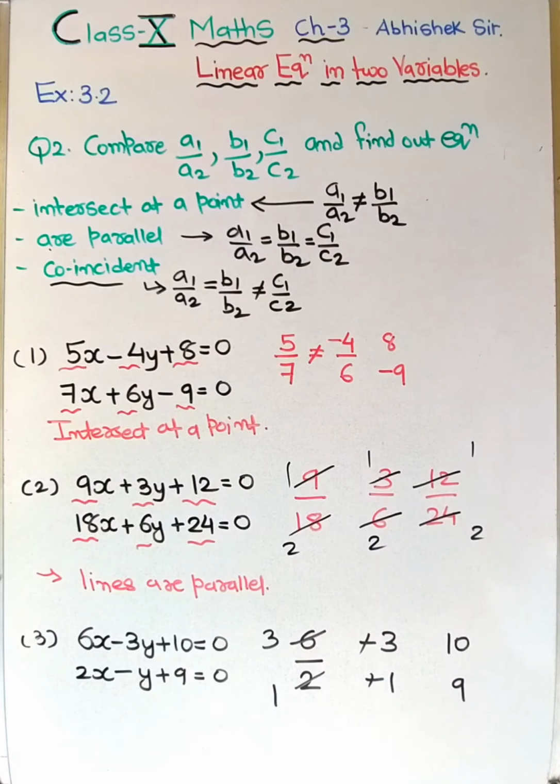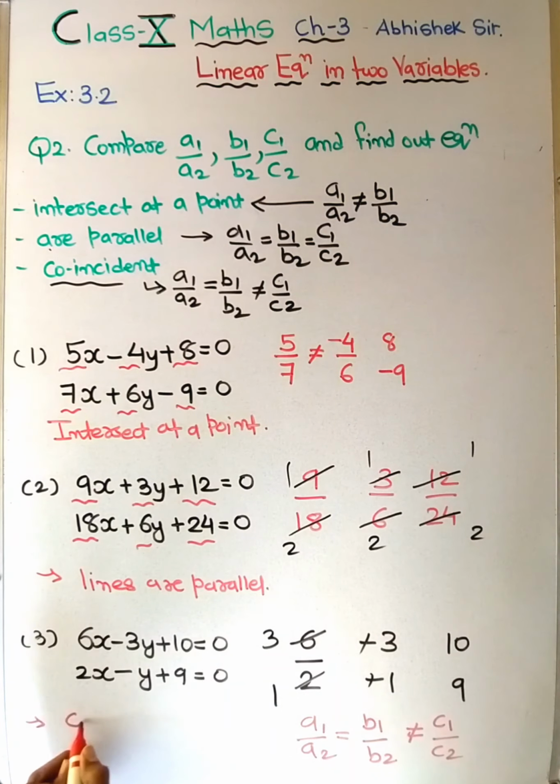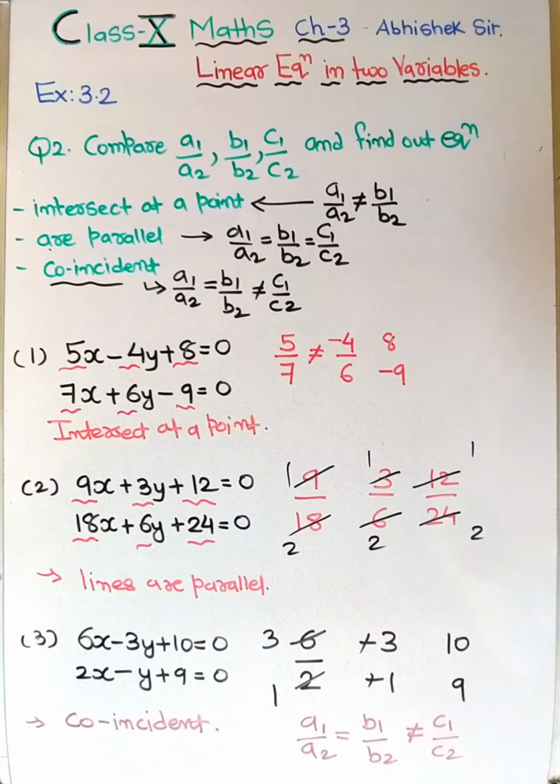So this determines that A1 by A2 and B1 by B2 are equal, but C1 by C2 is not equal. That's why these lines are coincident lines. Clear? So just remember the conditions and you will get the answers easily.